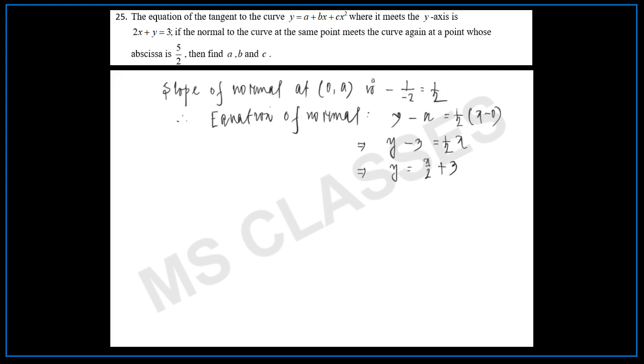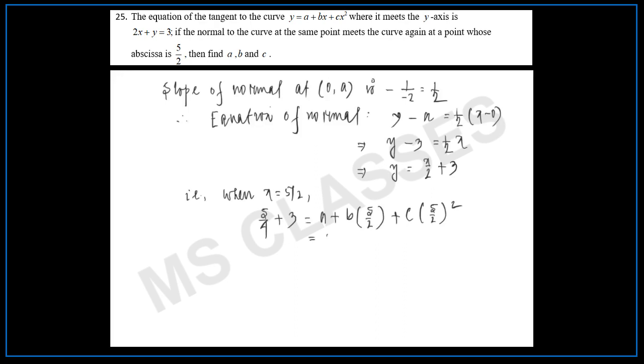That is when x equal to 5 by 2 is substituted here, we can write 5 by 4 plus 3. At that point the ordinate of the curve corresponding to x equal to 5 by 2 will be the same, so that is a plus b into 5 by 2 plus c into 5 by 2 whole squared.